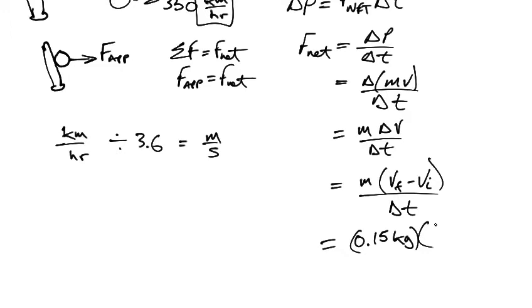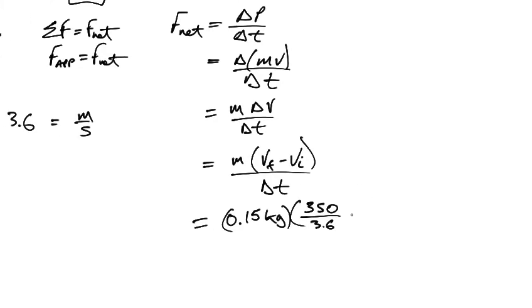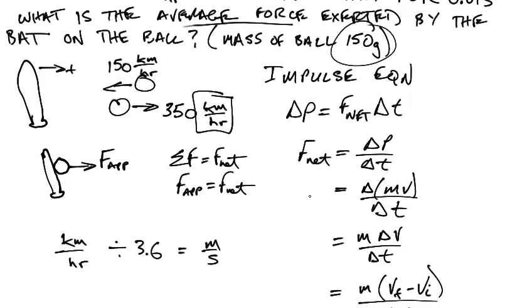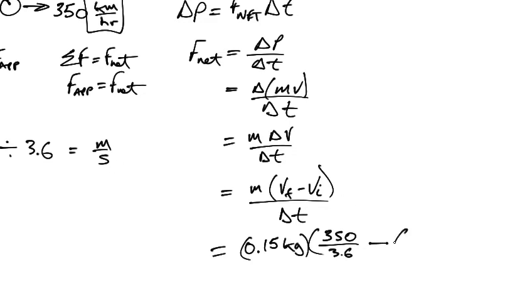Therefore, the final velocity would be positive 350 over 3.6 minus, and the initial velocity, right, is to the left, so that's negative. So it's minus negative 150 over 3.6.